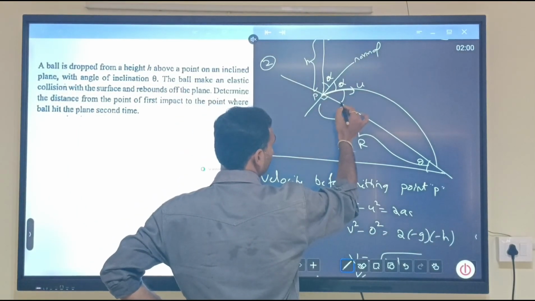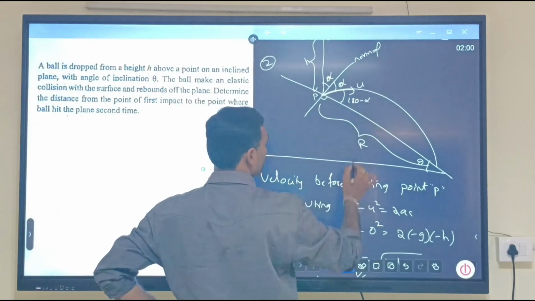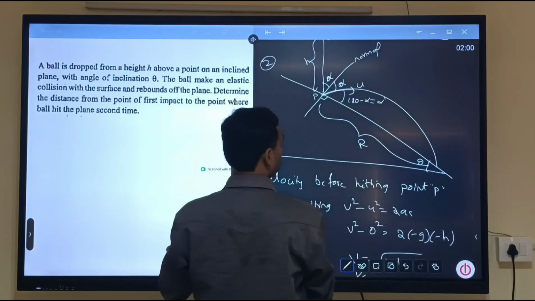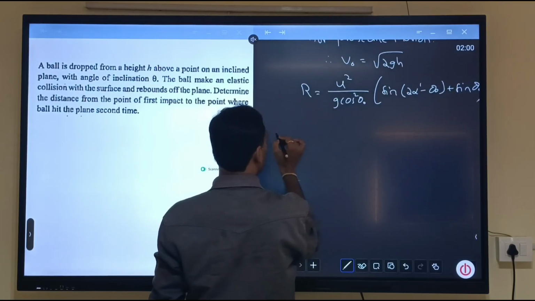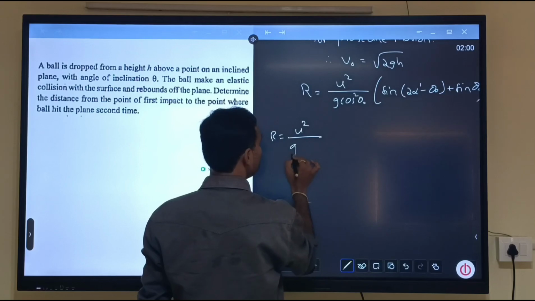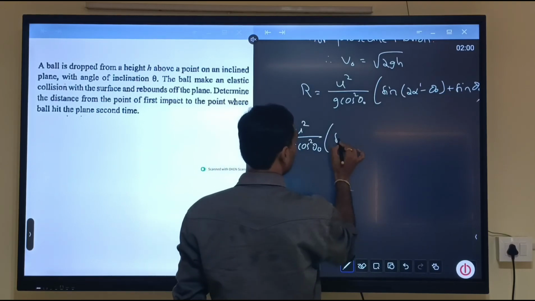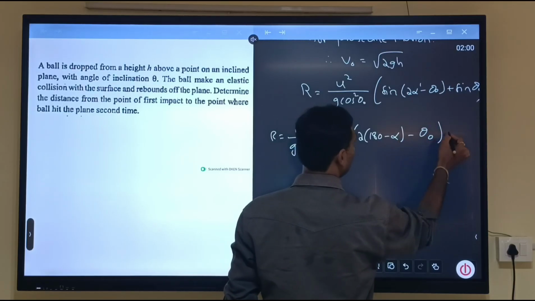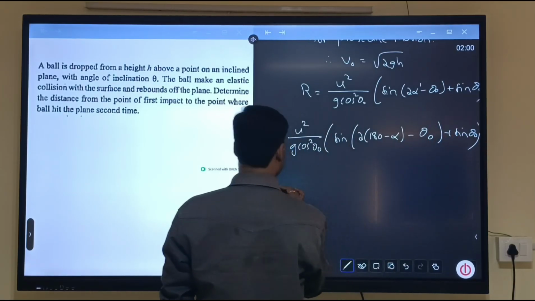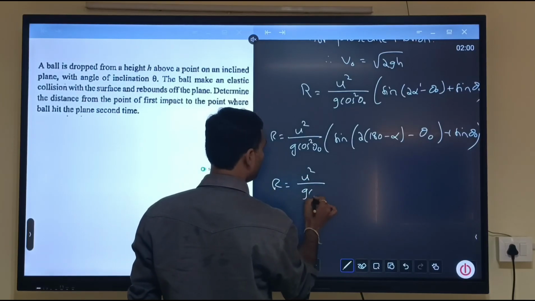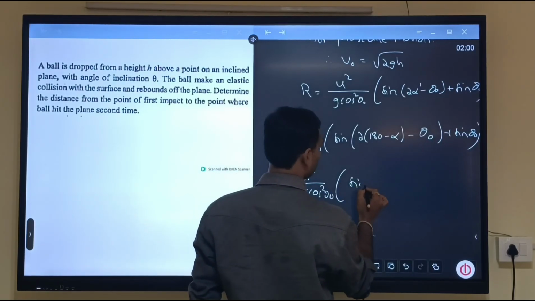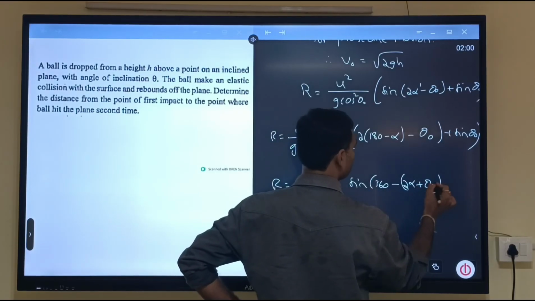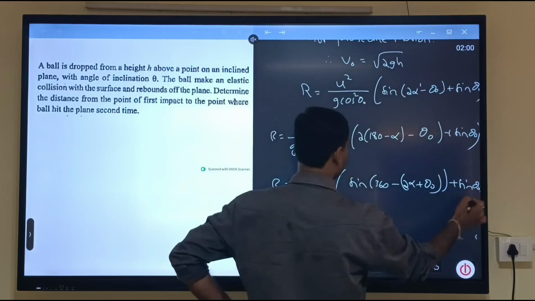this is alpha, which means this is 180 minus alpha. Now, this becomes alpha dash. So, R is equal to u square by g cos square theta naught, sin of 2 times 180 minus alpha minus theta naught, plus sin theta naught. Then R is equal to u square by g cos square theta naught, sin of 360 minus 2 alpha plus theta naught, plus sin theta naught.